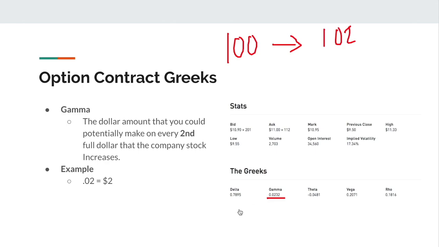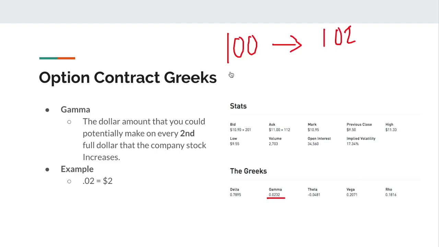But when a stock is about $15, the delta and gamma will be a lot higher, because for a stock to go from $15 to $16 is a lot harder than for a stock that's 180 to go to 181. Therefore, delta and gamma on the smaller cap stocks, or stocks with a smaller price, will be higher.